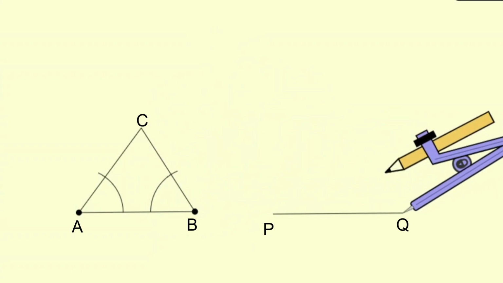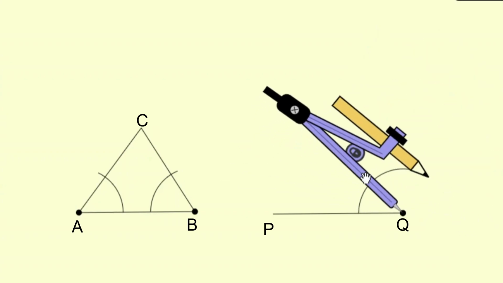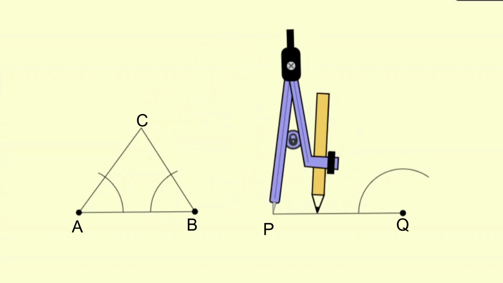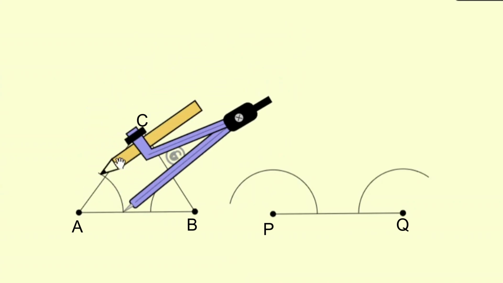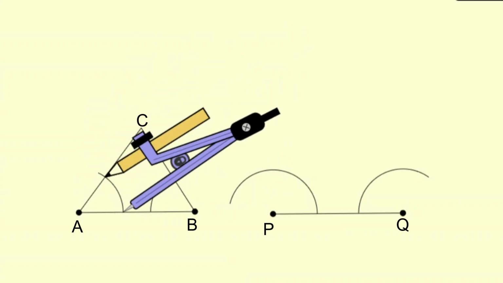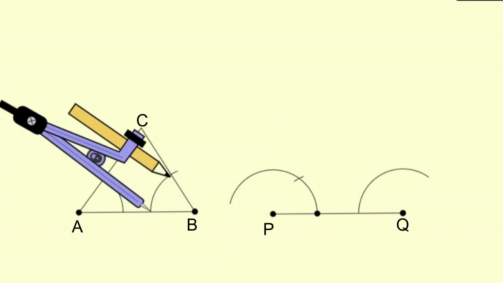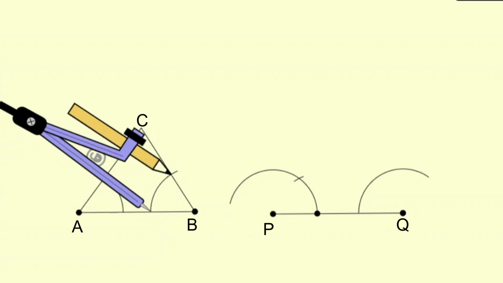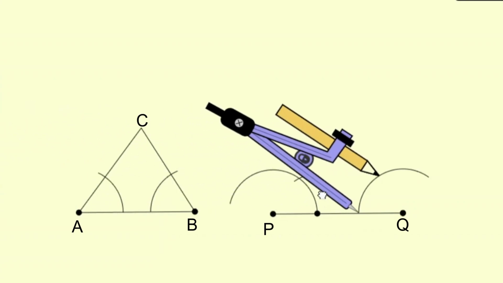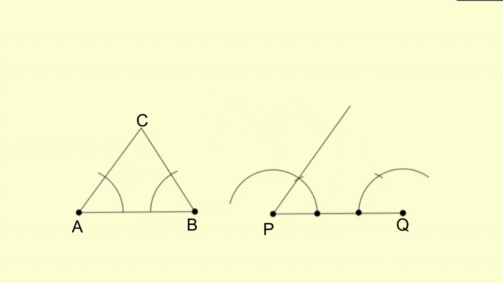First, we draw arcs at point A and B, and with the same arc radius, we draw arcs at point P and Q. Let's measure the width of angle A using our compass and make exactly equal angle at point P. Again, let's measure the size of angle B using compass and we make exactly equal angle at point Q. Here angle A is equal to angle P and angle B is equal to angle Q.